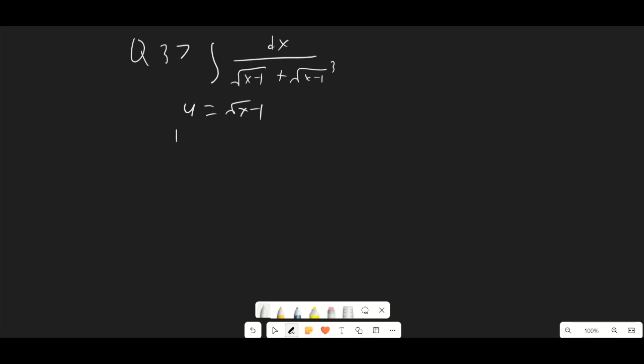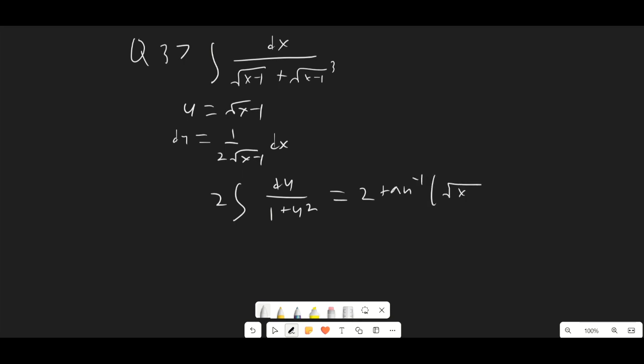After we do this, we find that du equals 1 over 2 root x minus 1 dx. So we end up with 2 times the integral of du over 1 plus u squared, which is just 2 arctangent of square root x minus 1 plus c.